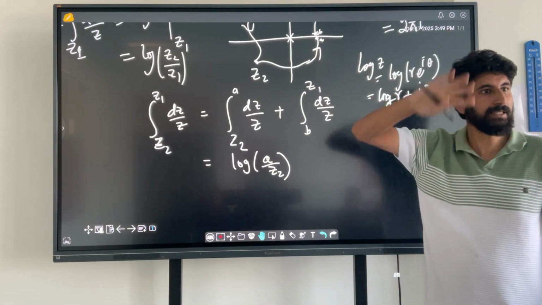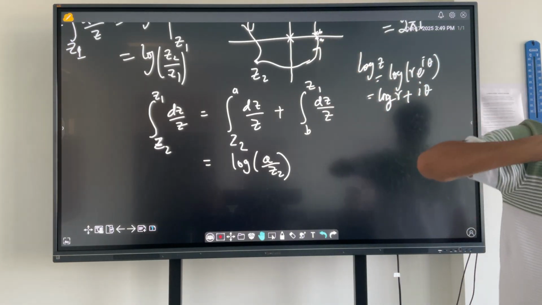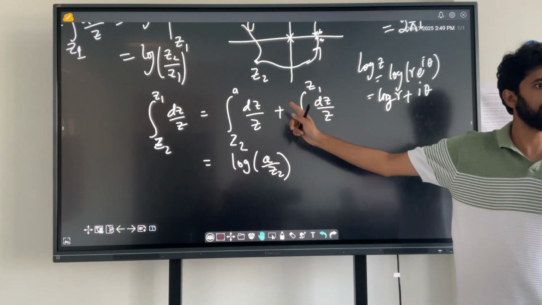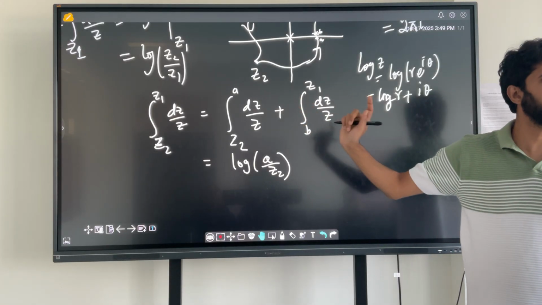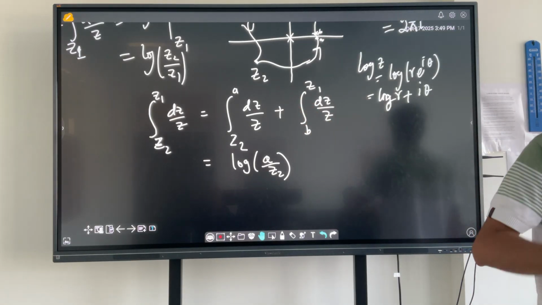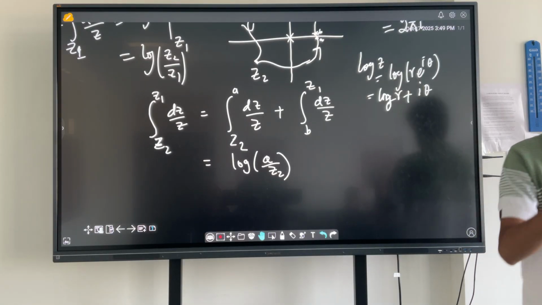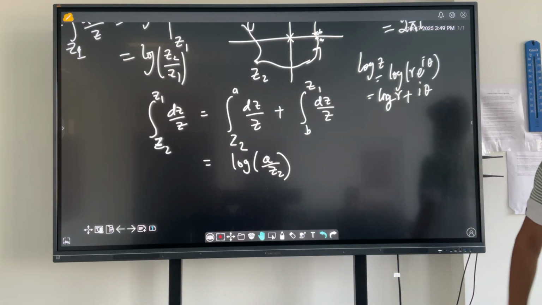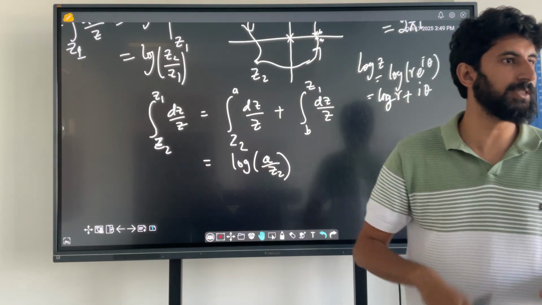My z doesn't care about the argument because e power 2 pi i is 1, but log does. Log picks up what representation you are using. It's not e power.